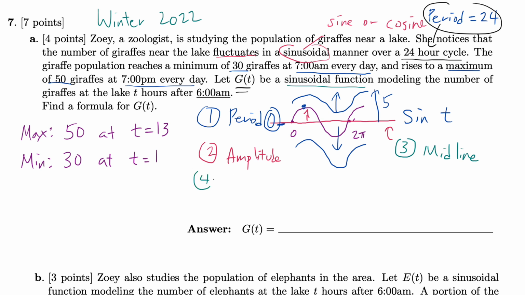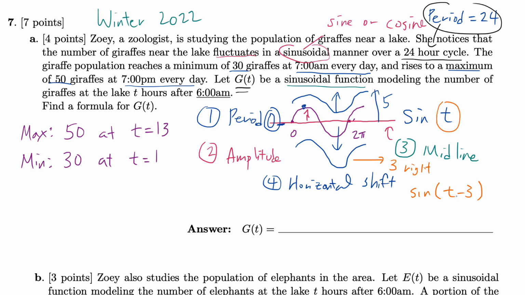And the final thing you want is the horizontal shift. For example, if I want to move the entire sine curve, say, 3 to the right, well, now this is going to be sine of the quantity t minus 3.